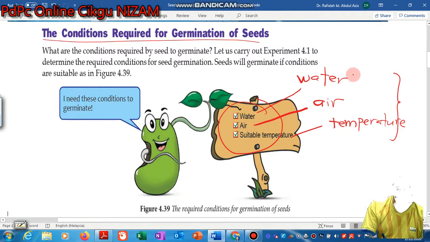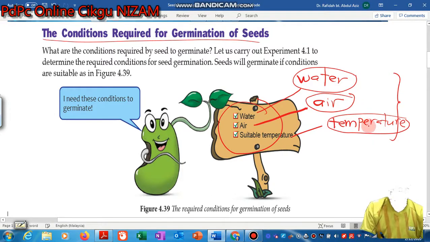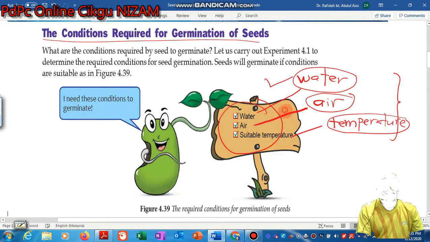Means that in order for seed to germinate, these three conditions must exist simultaneously. So very easy, just remember water, air, and suitable temperature. And the suitable temperature for seed to germinate is normally room temperature.